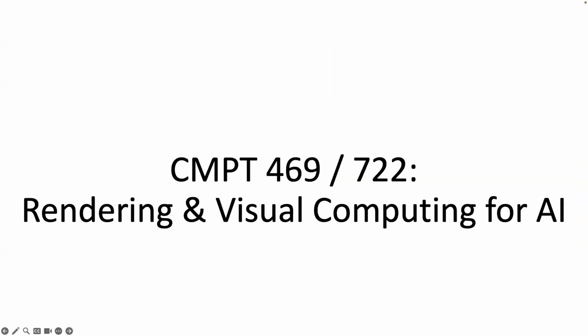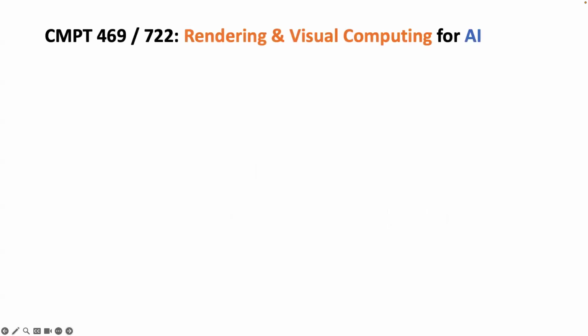Coming back to the class, this is the title. That's the course number, 469/722. This is typically cross-listed between undergrad and grad. To explain what this course is about, I'll break it down by looking at the words in the title. These are highlighted in different colors now.